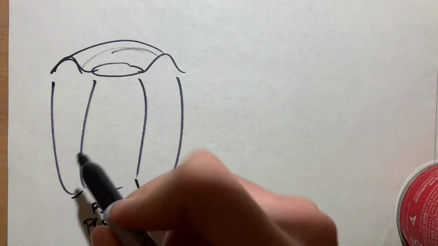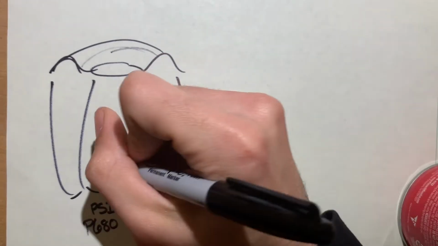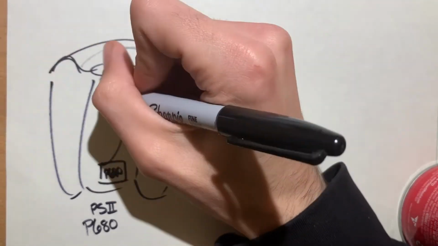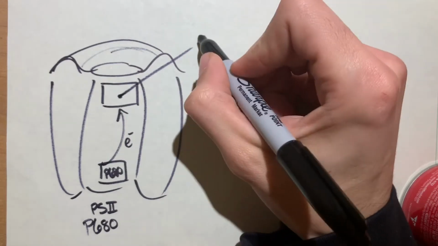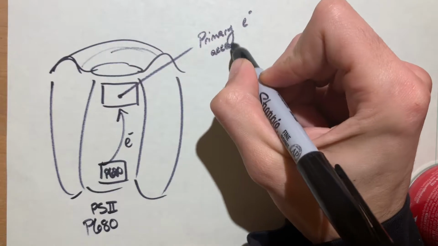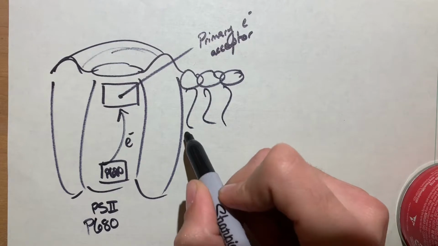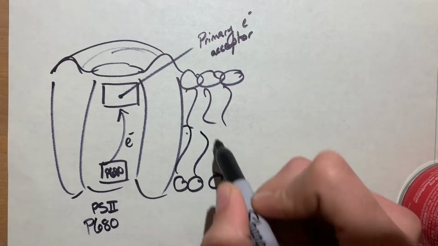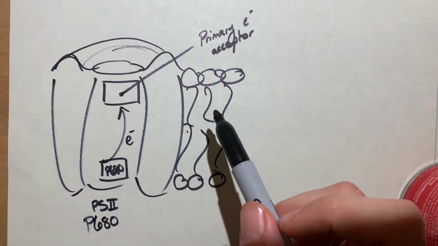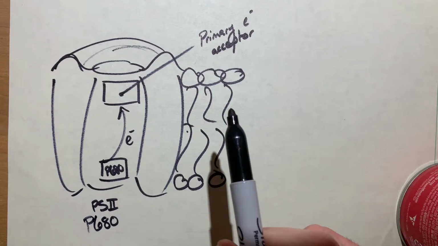Photosystem 2, right? And we got the P680 complex. Final excitation within PS2 to our primary electron acceptor. And now what's actually going to happen is, like I said, we're going to split a water molecule.